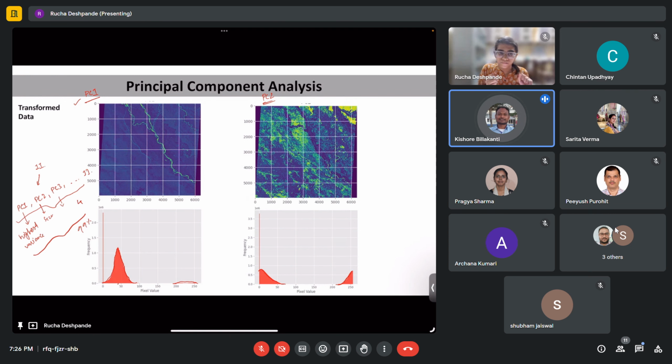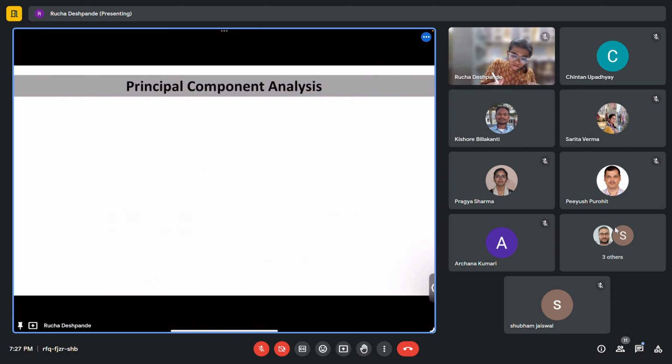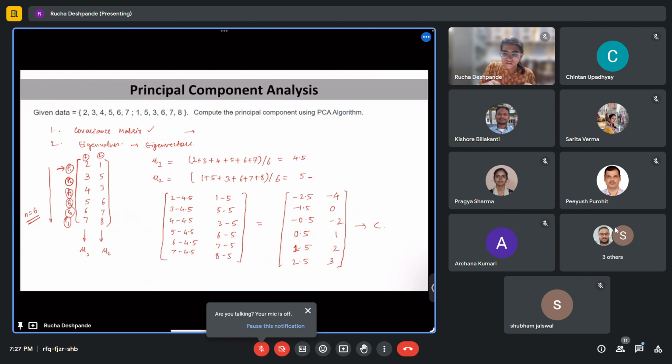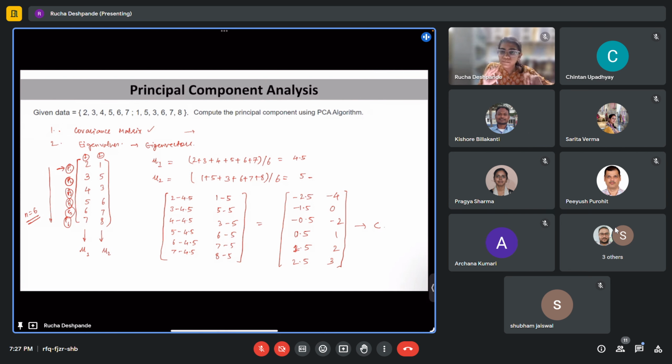See here in our case, for this problem, we got two eigenvectors. That's the reason we got PC1 and PC2. So if we go for PC 4 or 5, should the eigenvectors also be 5? I'll explain. Here we had only 2 bands, so the maximum number of principal components that we can get is 2.